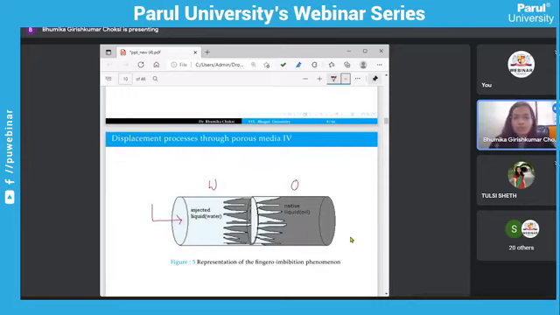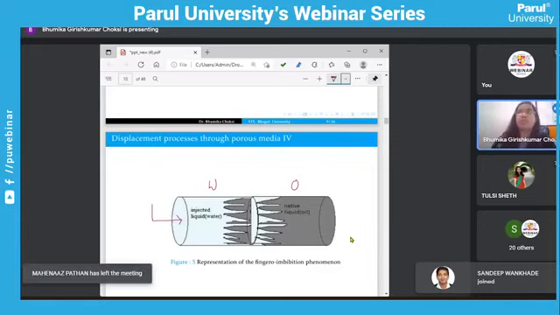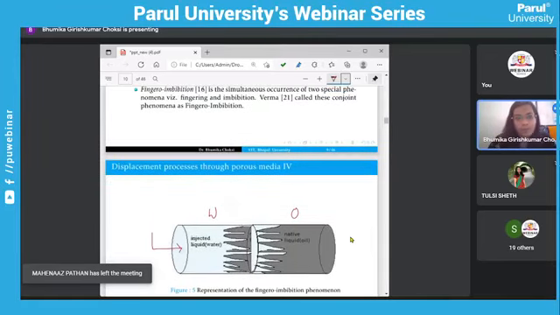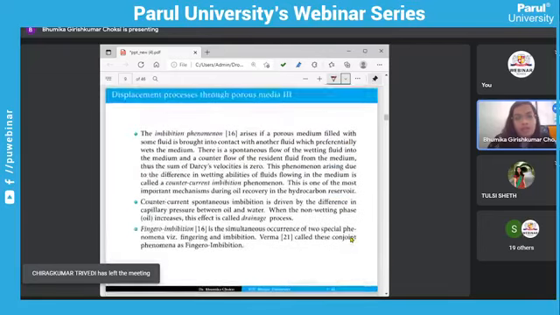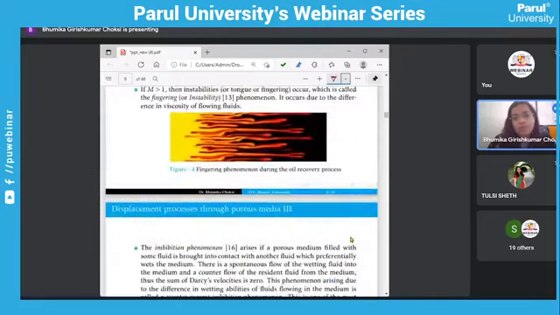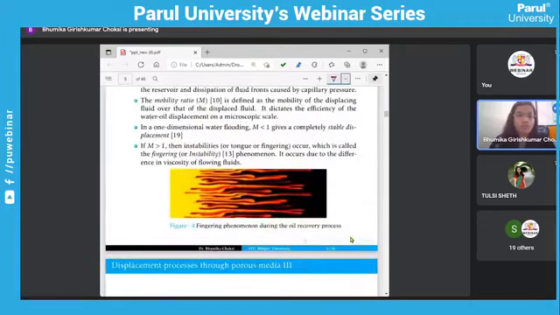So you can see the shape will be like fingers. So this disturbance or instability is called counter current imbibition, and this finger shape is another phenomenon, the word is fingering phenomenon.